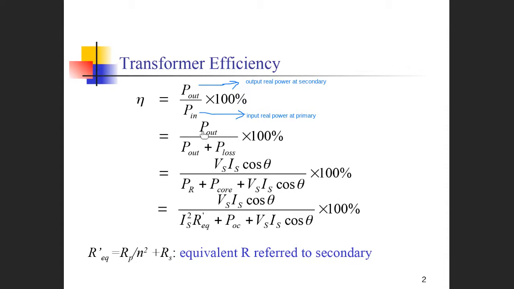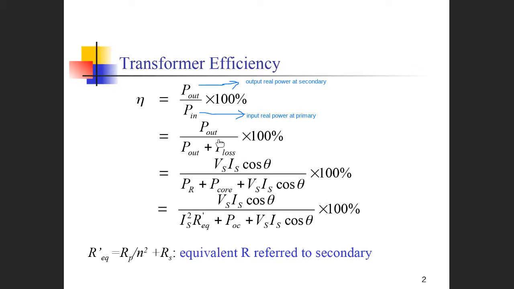The formulas that follow are just one case of it. Suppose the output power is P out. Then the input power is related to the output power by adding the internal loss. So P loss here is the internal power loss of the transformer.